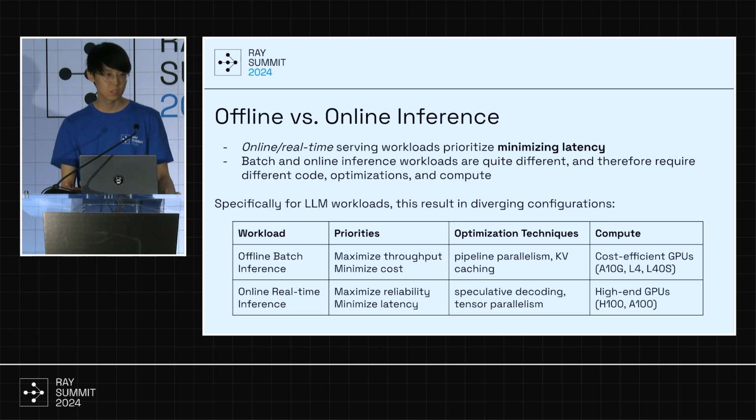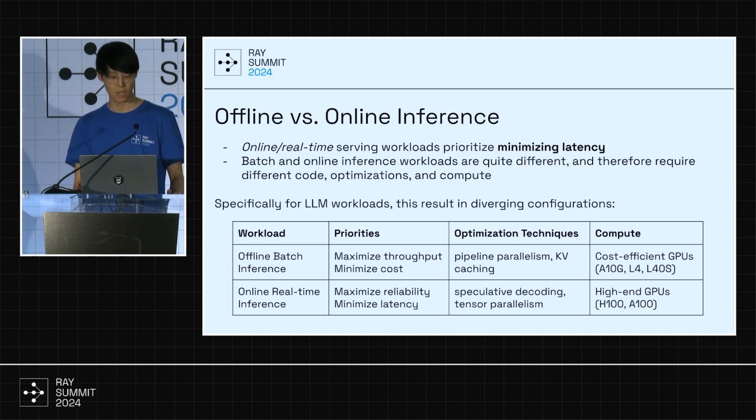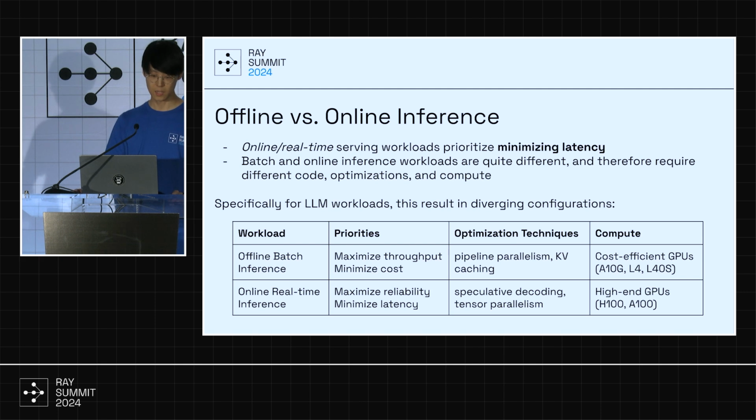Now, so far we've discussed a lot about offline batch inference, and now I'll take a second to compare it to online inference. Online or real-time serving workloads are a little different in that they want to minimize latency. These workloads are very different, and so they require different configuration of code, optimization, and compute.